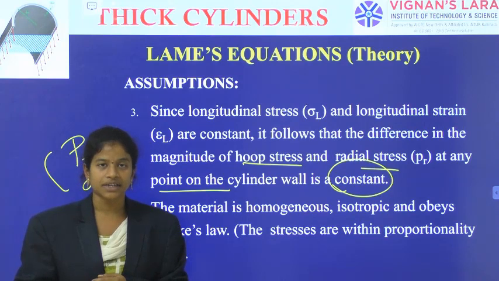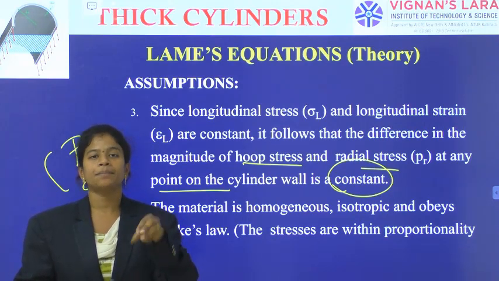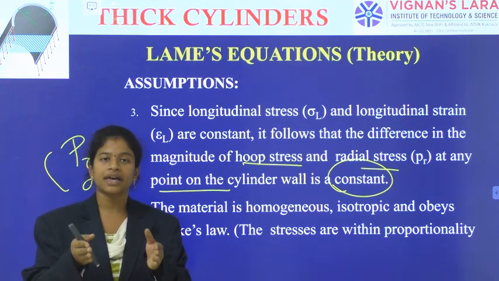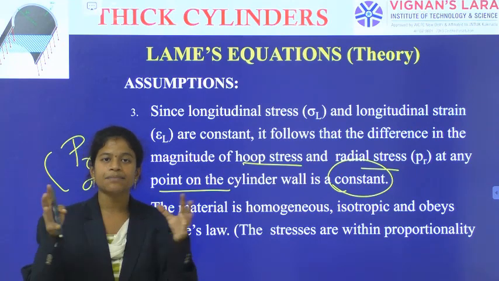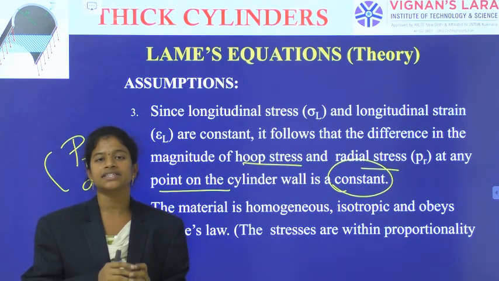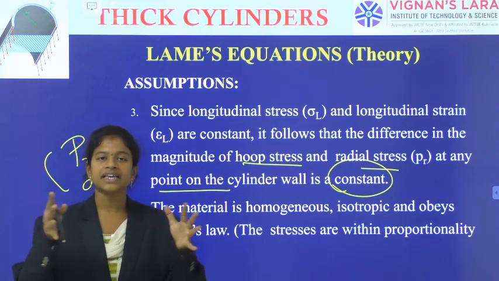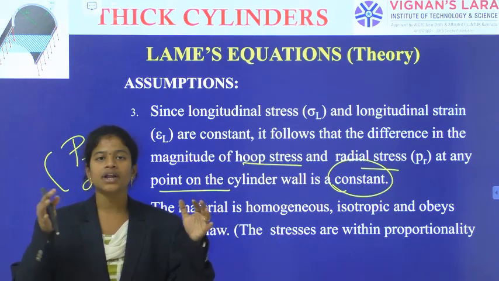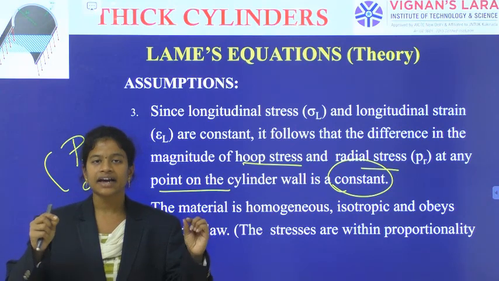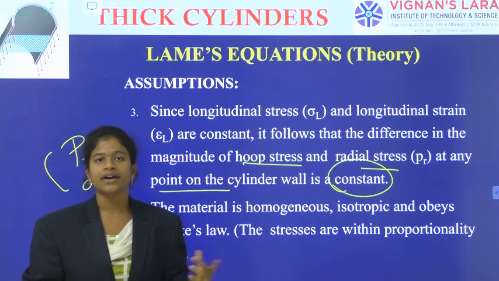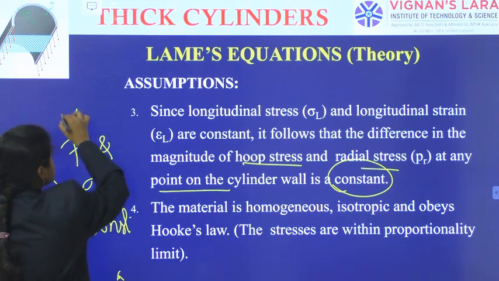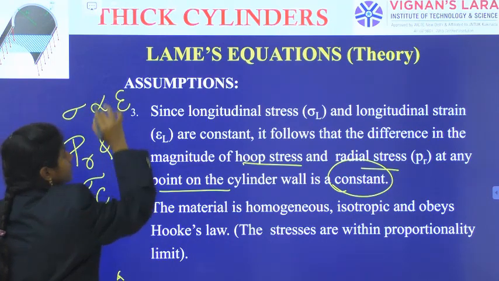The load which I am giving is the fluid pressure. Okay, so as I am supplying some fluid to the tank and that fluid is exerting some pressure, that is the load acting on the cylinder. So when the load is acting onto the cylinder, that load is within the elastic limit and the corresponding strain in the member is directly proportional. Okay, this sigma is directly proportional to epsilon.